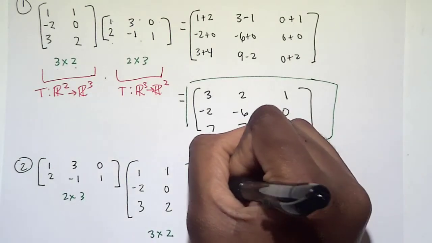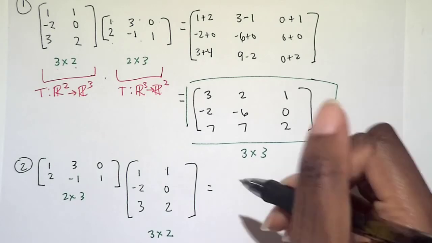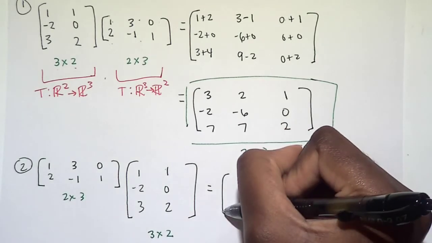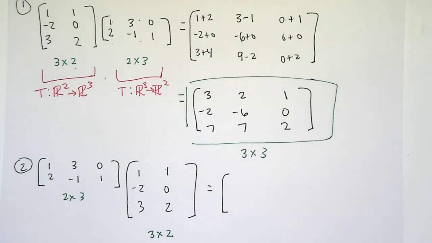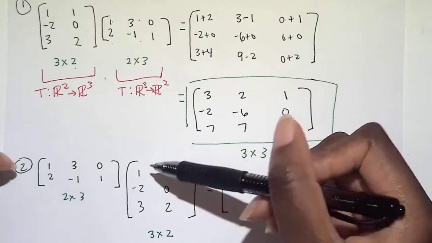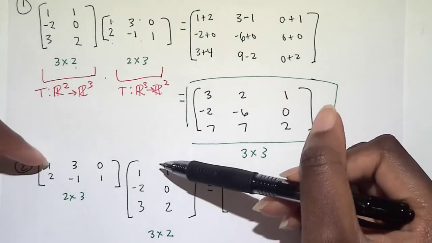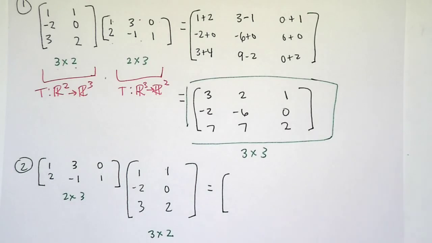Okay, so let's go ahead and multiply these. See if you can go through the multiplication on your own. Remember, going across and down, across and down.